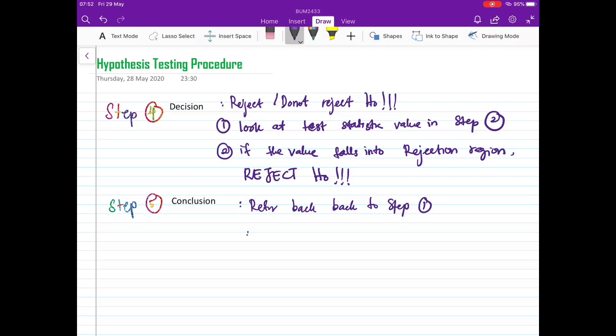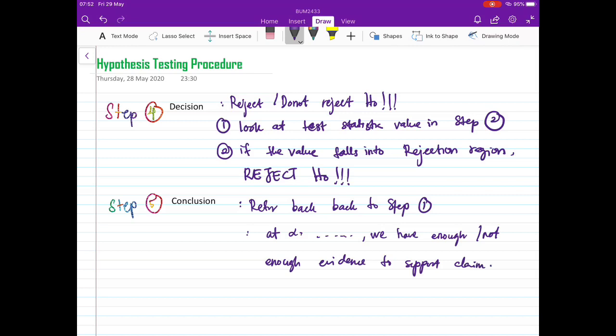And normally we will start with at alpha, we have enough or not enough evidence to support the claim. Okay, so where is the evidence? Evidence is step number 2 until step number 4.